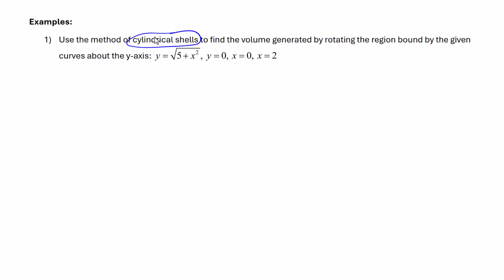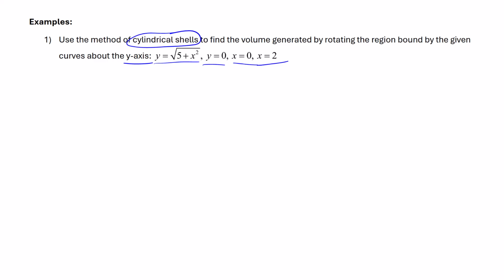Use cylindrical shells, that's what we had above, to find the volume generated by rotating the region bound by the given curves about the y-axis. All right, so we're given an axis of rotation, and then we're given the following curves. So we have y equals the square root of 5 plus x squared, that's all within the square root there. Then we have y equals 0, x equals 0 and x equals 2.